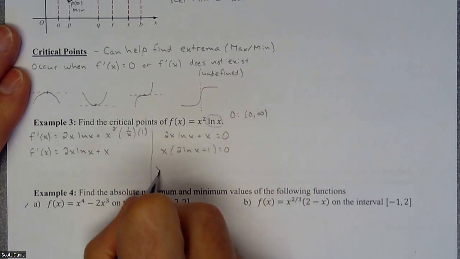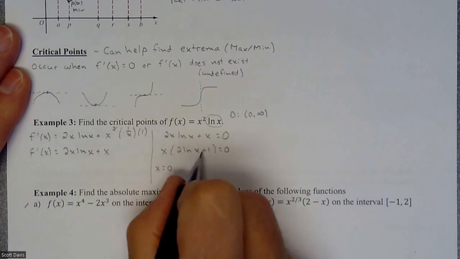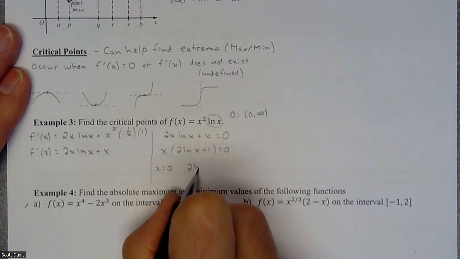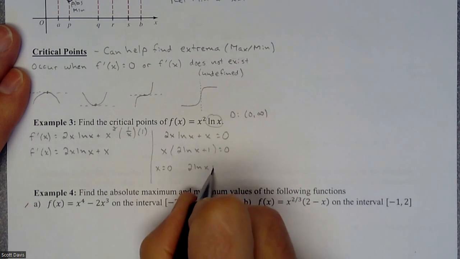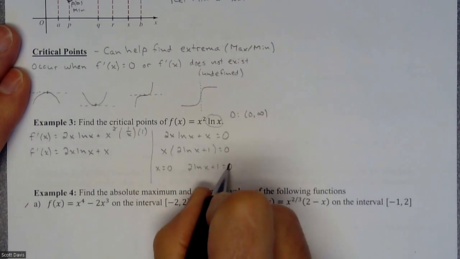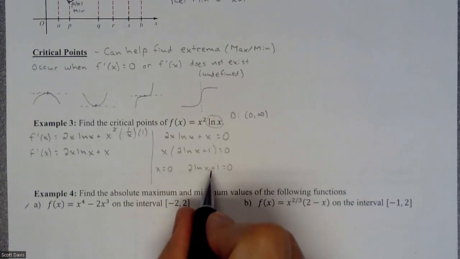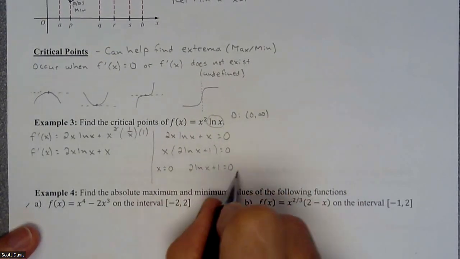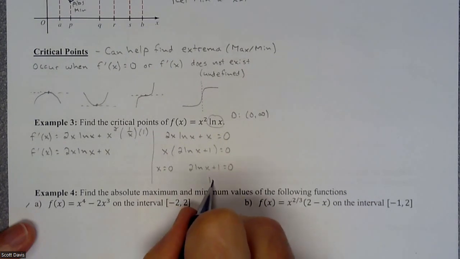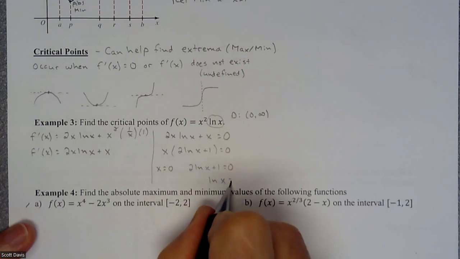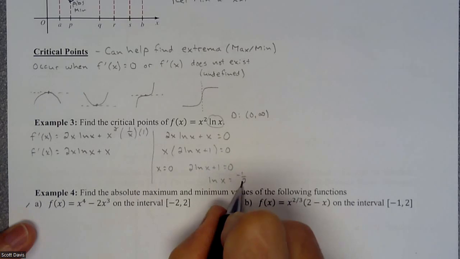We'll set this equal to 0, and we'll set this equal to 0. Natural log of x plus 1 equals 0. If we were to solve this, we're going to subtract 1 and divide by 2. So I'm looking at natural log of x equaling negative 1/2.